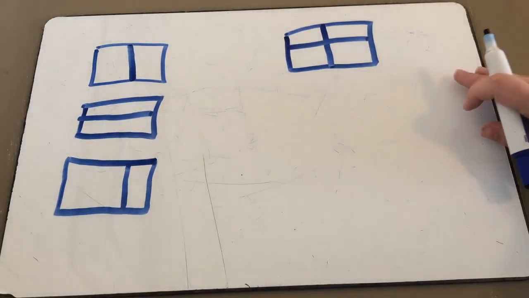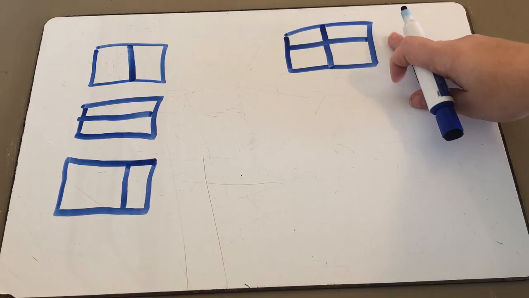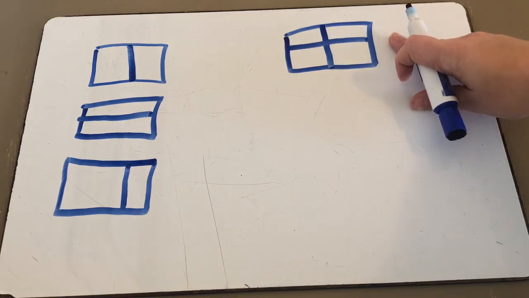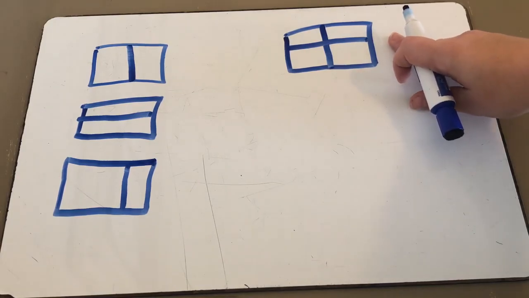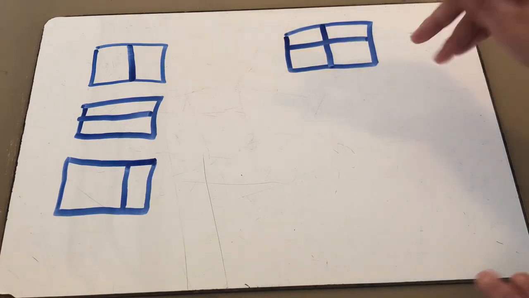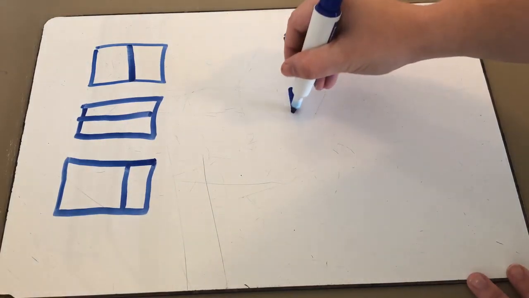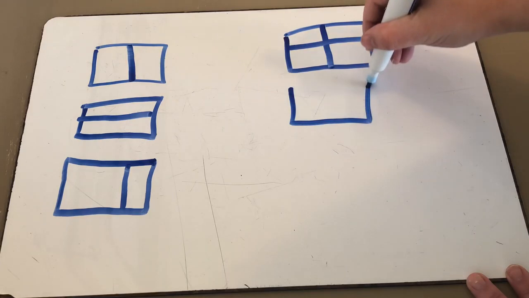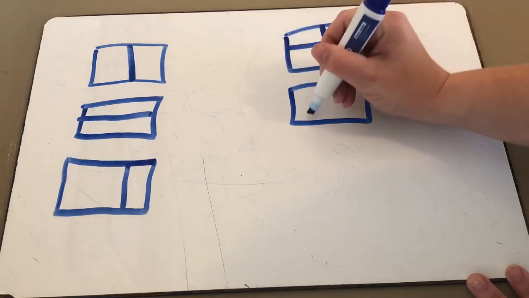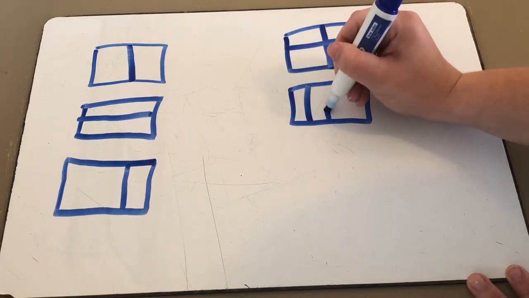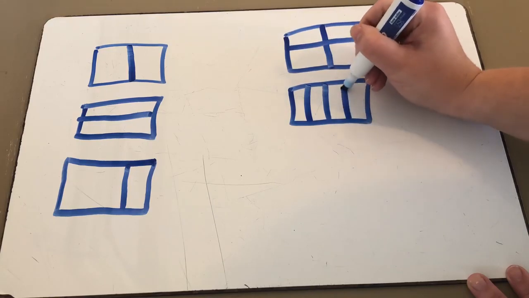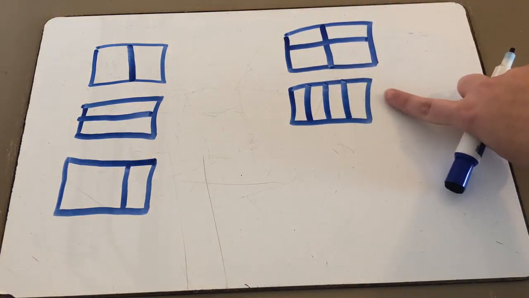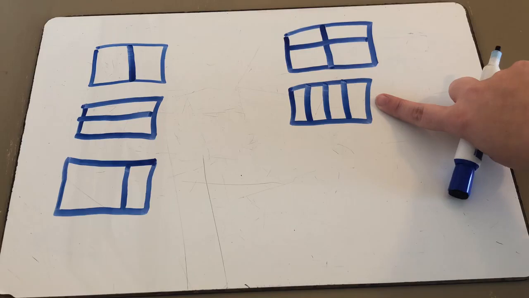Very good. If you said that there are four pieces and they are all the same size, then you are on the right track. Let's look at another rectangle. Does this rectangle show fourths?